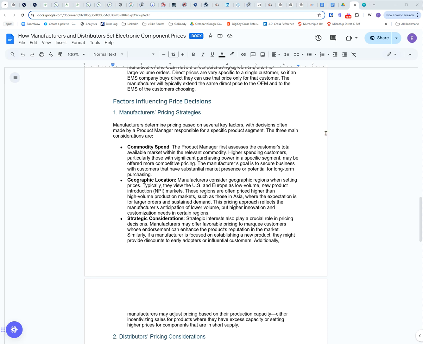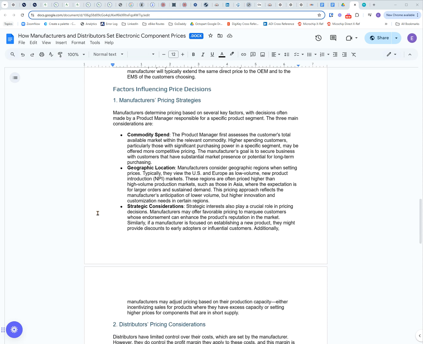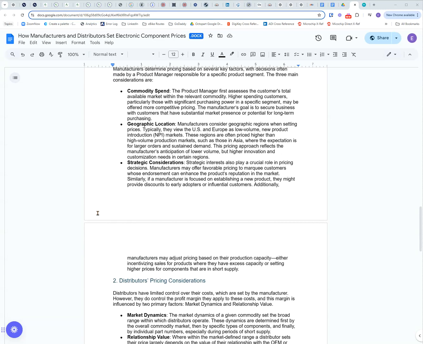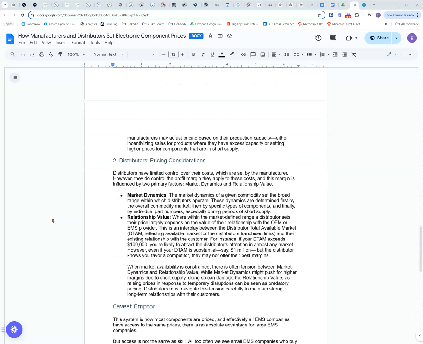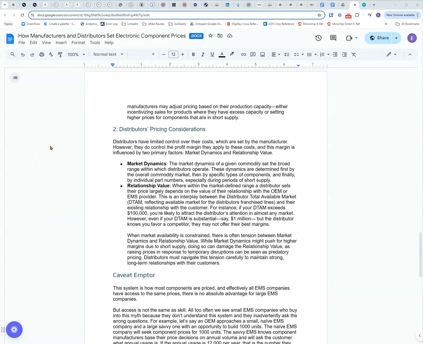And this goes through for all OEM verticals. There'll be an interest in getting on the BOM, getting in the design of customers that are marquee, even if it's just in a niche, if it's a small market. So those are the main things that influence a manufacturer to extend broker prices.